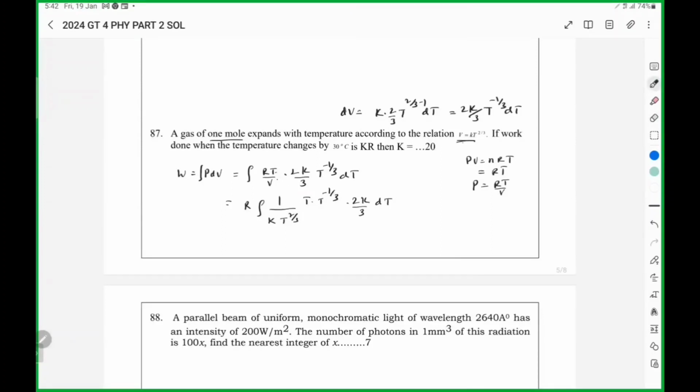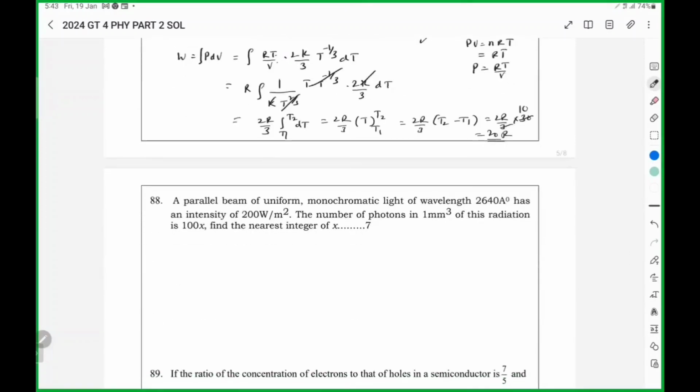This T into T power minus 1 by 3, T power 2 by 3 K get cancelled out. 2R by 3 integral T1 to T2 is 2R by 3 (T2 minus T1). That is nothing but 20R. So K value is 20.